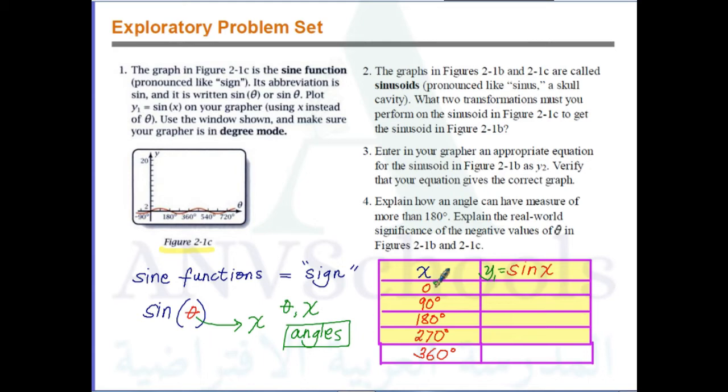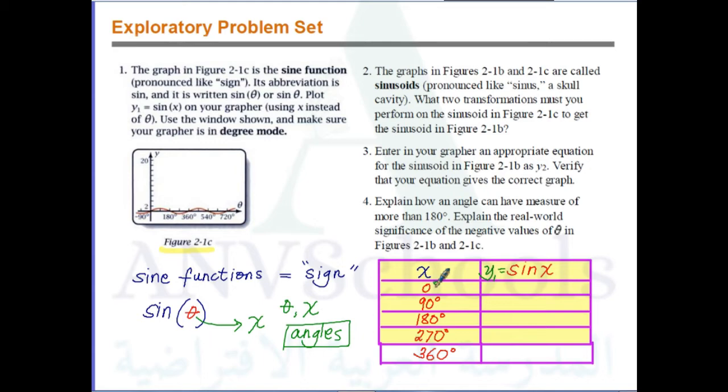Let's take a look at what happens to y1 is equal to sine x. You could use your grapher, or if you don't have a grapher, you can use a scientific calculator. If you put your calculator mode to degrees, then there is no need to put it into radian. We are now going to compute the value of sine of x for x is equal to 0.